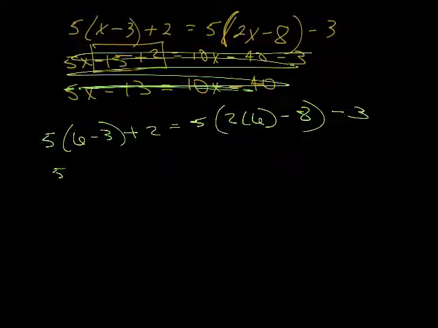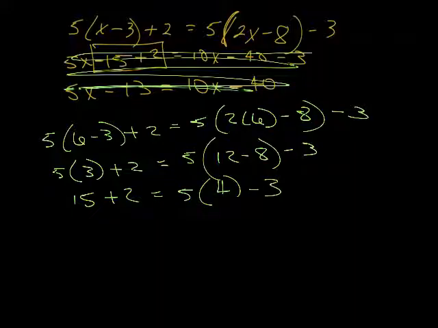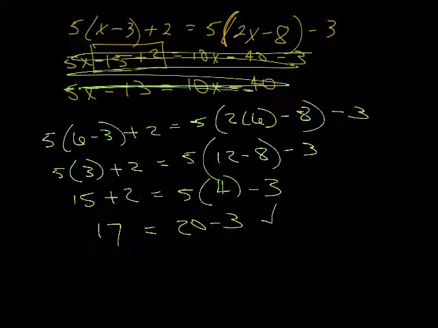So we have 5 times 3 plus 2 equals 5 times 12 minus 8 minus 3. So 15 plus 2 equals 5 times 4 minus 3. That's 17. That's 20 minus 3. That's a true statement, so we're good to go.